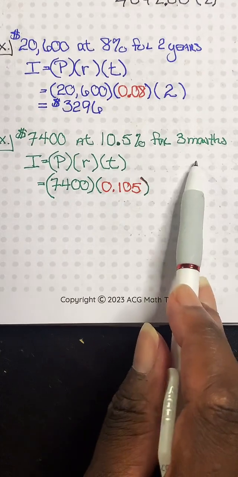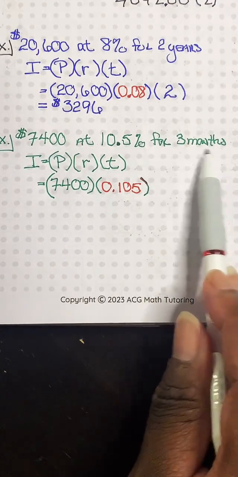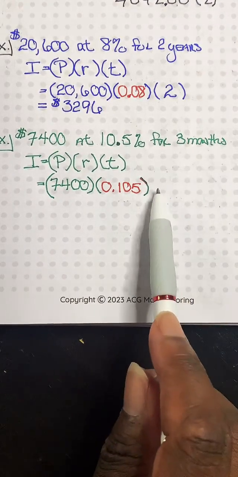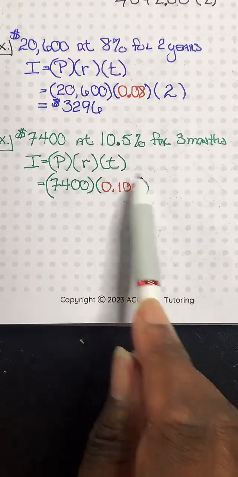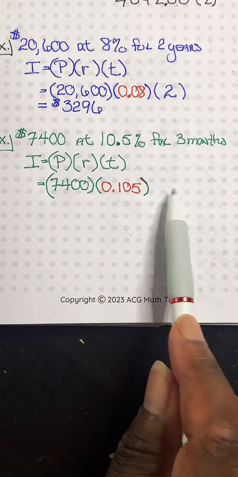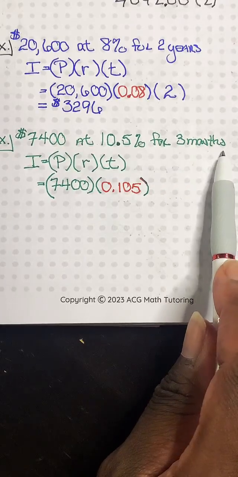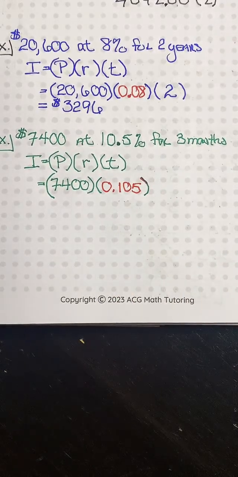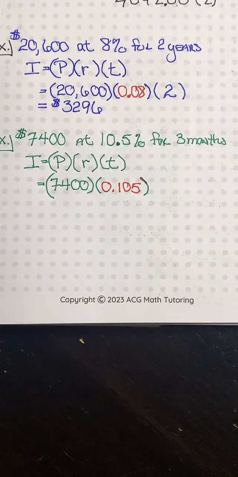Now, like I said earlier, our time is in months right now, but your time should always be in years. So 3 months is what fraction of a year? Jocelyn with the 0.25. Stephen, 1/4, good. Lulu, 0.25.